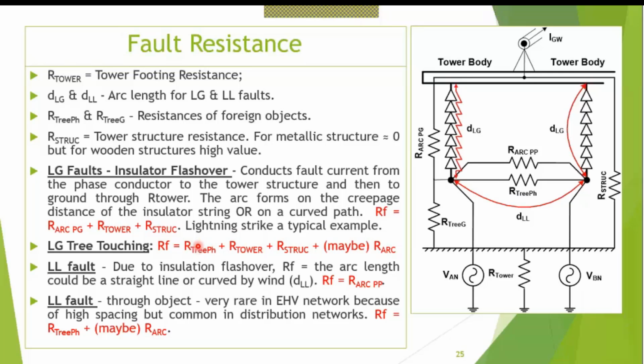Okay, there have been LG faults where the flashover has taken place between the conductor and the river structure. The conductor has come down so much during sag, maybe the flashover took place between water and river. So there is no tree, but anyway, what I mean is the arc resistance and arc length need not be guided by this length I have shown, the creepage length and this length over here.